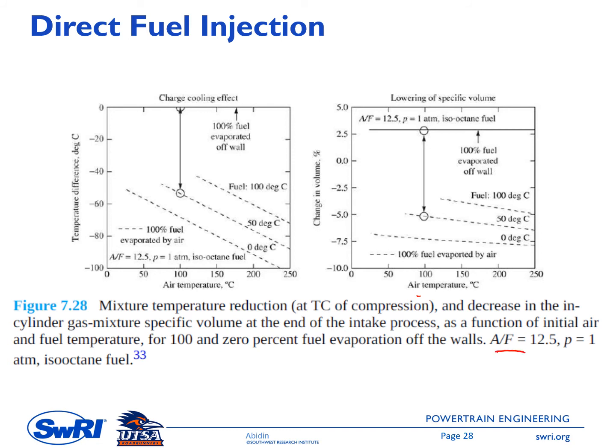It also shows the air-fuel ratio and pressure data, and this is for isooctane fuel, which is usually used as a surrogate for gasoline.